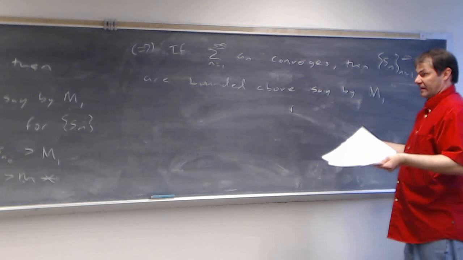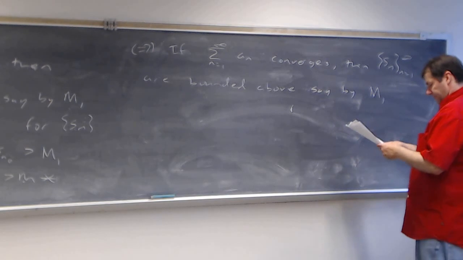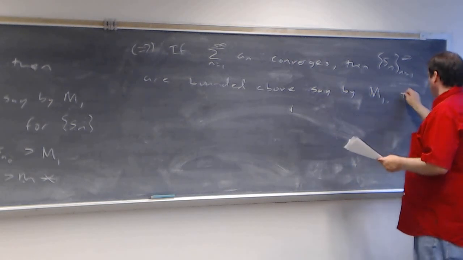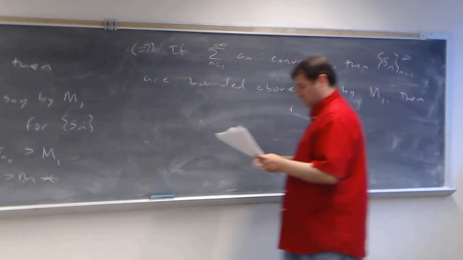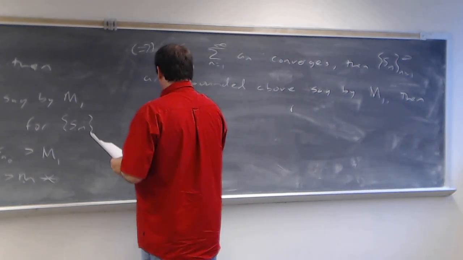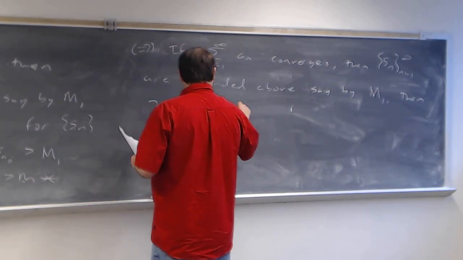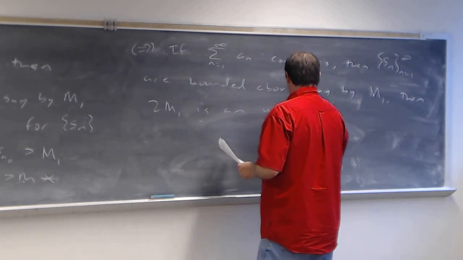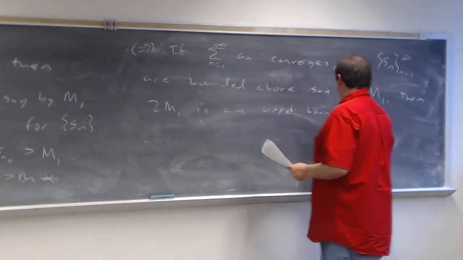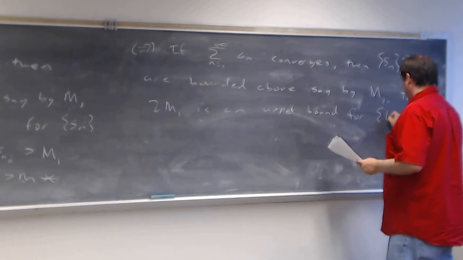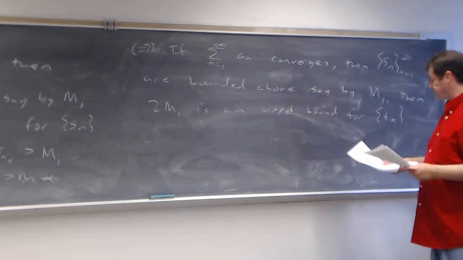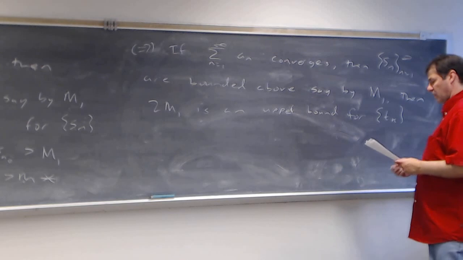It's maybe different than the m sub 1 we had before, but anyway. And then I'll say then 2 m sub 1 is an upper bound for the t sub k, which are the sequence of partial sums for the other series involved.